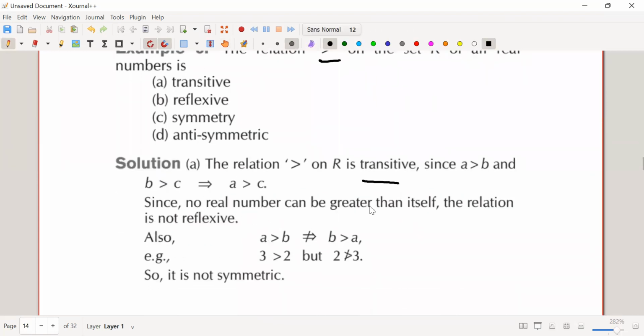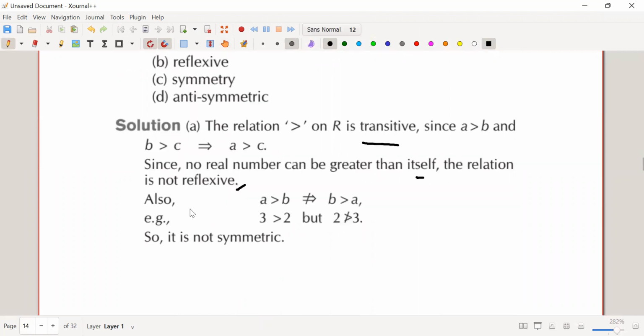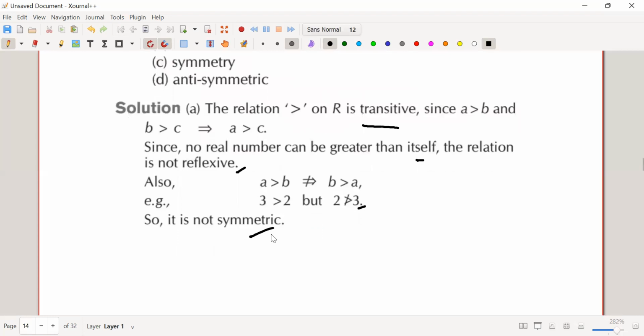Since no real number can be greater than itself, the relation is not reflexive. Also, if a is greater than b, then b is not greater than a. That is, 3 greater than 2 means definitely 2 not greater than 3. So it's not symmetric. So the answer is only transitive.